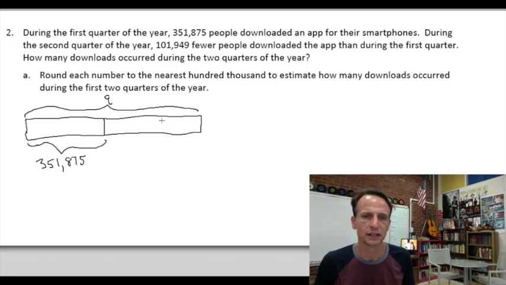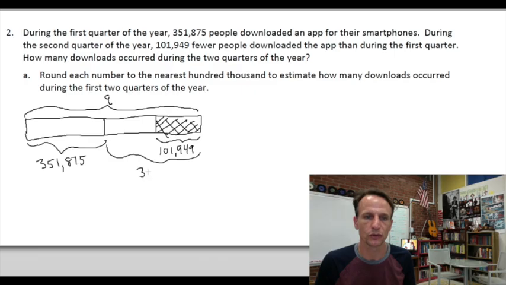So if we were to draw that out, we'd say, okay, well, this is the same as that, and we're going to need to subtract out this part, the 101,949, from this whole part here, which is also 351,875.